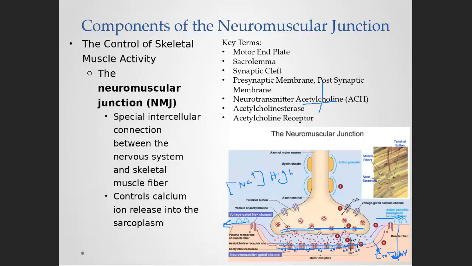Okay, now let me look at your questions. Okay, can you talk more about what acetylcholine is? Hopefully I've answered that. It's a molecule. It's a molecule that is made and hoarded in vesicles inside the neurons, in this case motor neurons, that are going to release this neurotransmitter to communicate to skeletal muscle cells that are under the neuron's control that you need to contract.